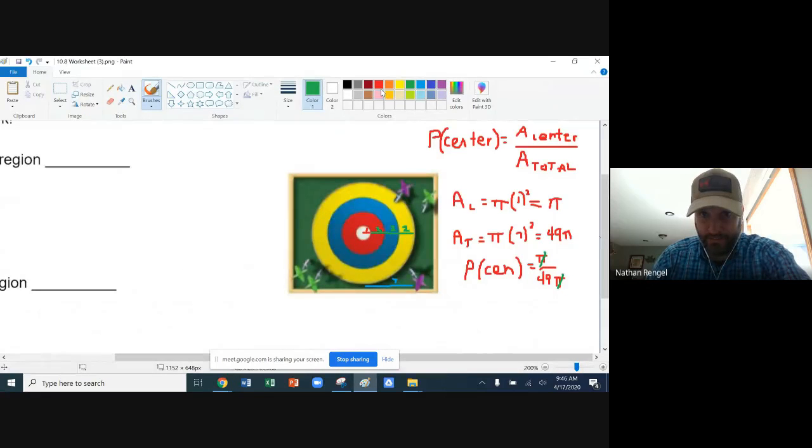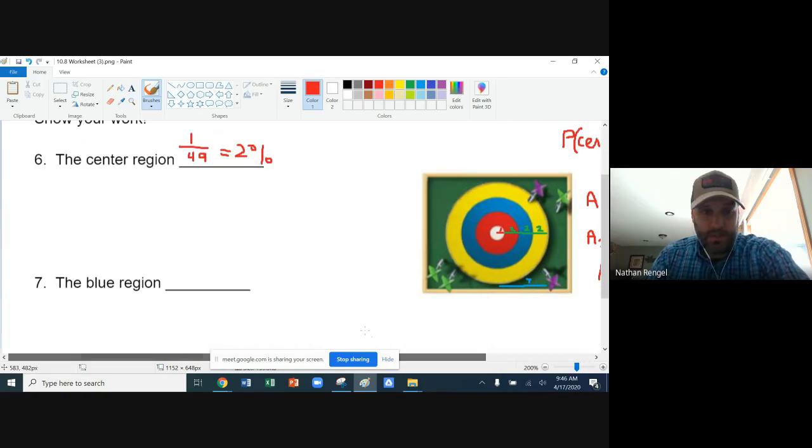So my final answer is 2%. You can put both answers: as a ratio, a 1/49th chance, which is equal to a 2% chance. So that would be number 6.